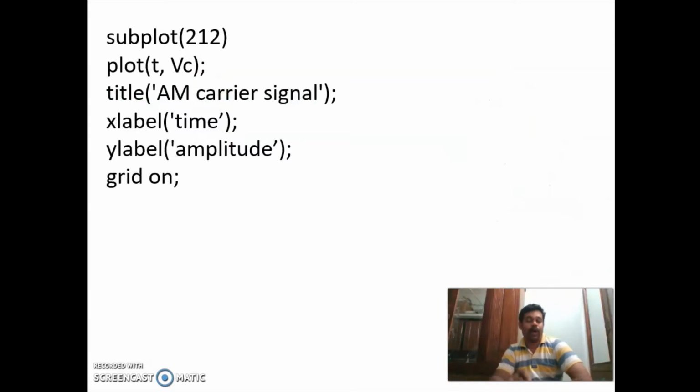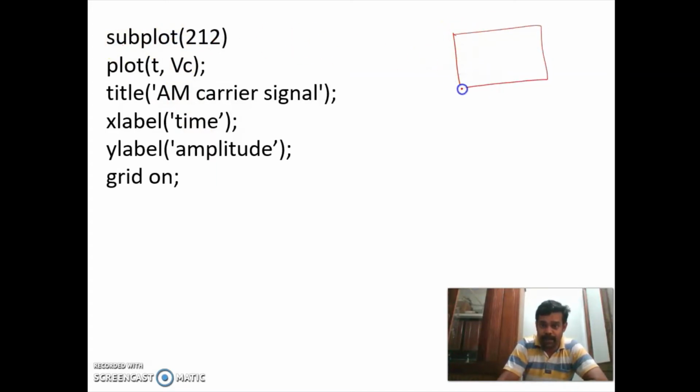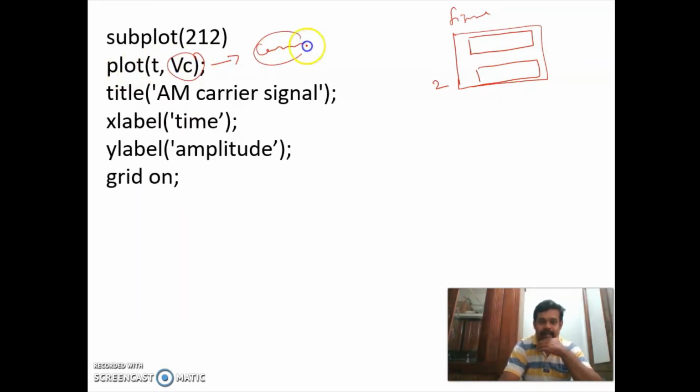Now we are going to plot the carrier signal in figure 1, so we use subplot 2 1 2. In figure 1, this is 2 1 1, and this is 2 1 2: second row, one column, second figure. Plot t comma vc. vc is nothing but the carrier signal, so it will plot the carrier signal.